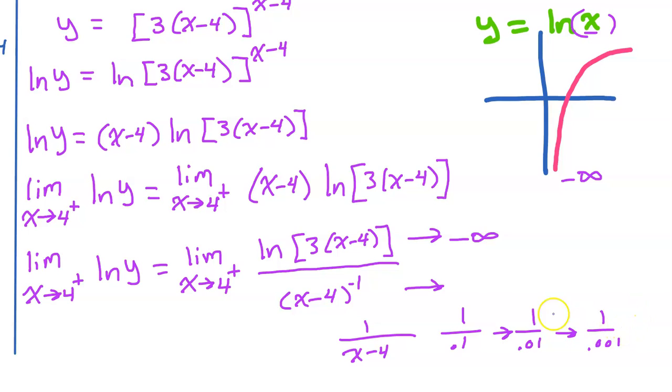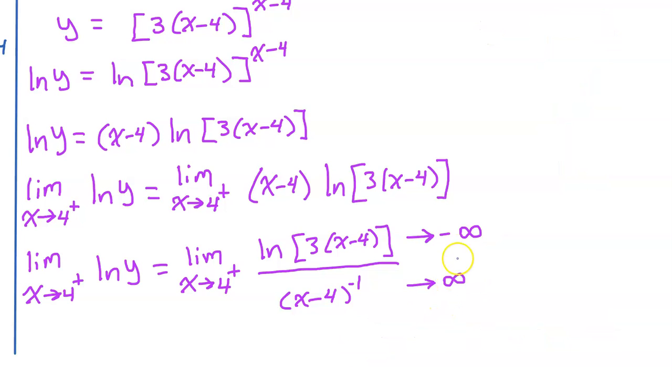So this is approaching infinity. This counts as infinity over infinity, so we can go ahead and use L'Hopital's rule. Please don't forget to show this little step, which justifies using L'Hopital's rule.